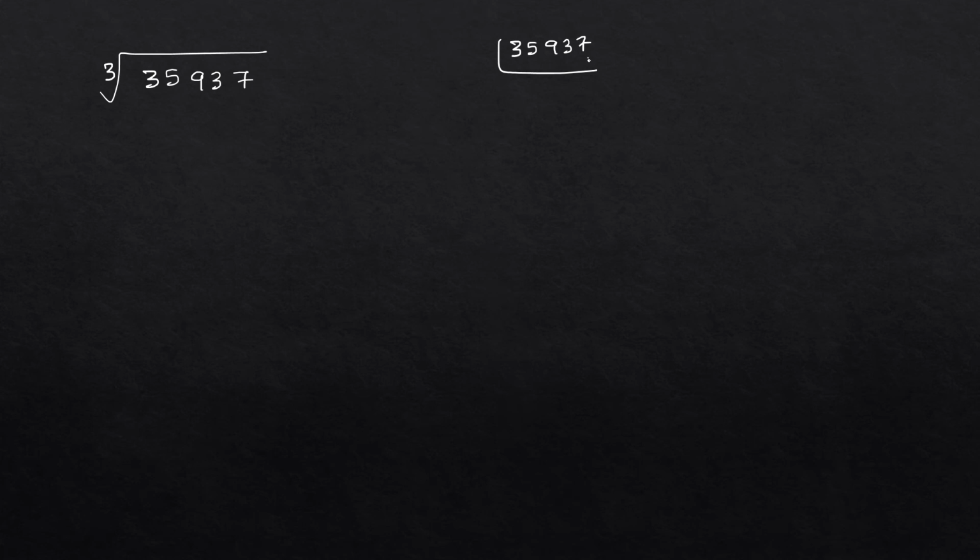Check for 3. 7 plus 3 is 10, 10 plus 9 is 19, 19 plus 5 is 24, 24 plus 3 is 27. Okay. Now write 3 here. 3 1s are 3. Again 3 1s are 3. 2 remainder 29. 3 9s are 27. 2 remainder 23. 3 7s are 21. 2 remainder 27. 3 9s are 27.